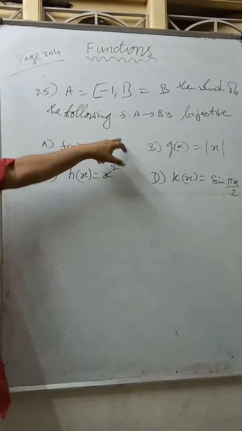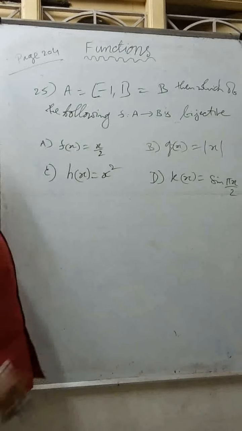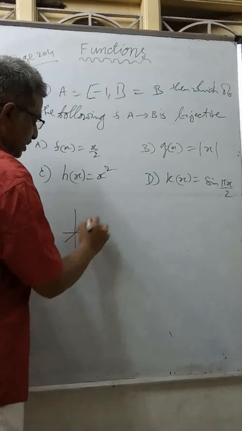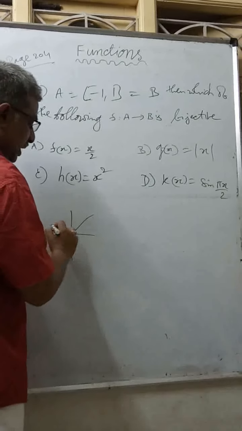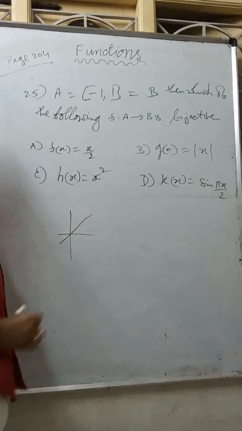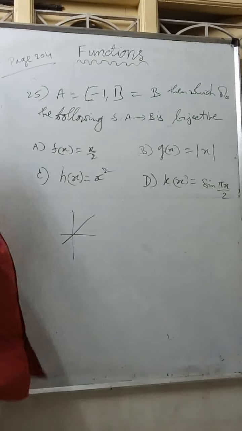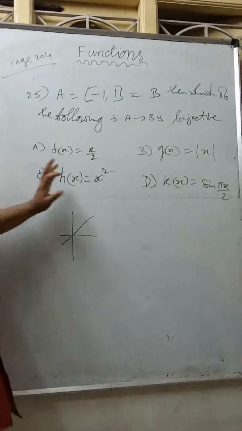If I take f of x1 equal to f of x2, I will get x1 equal to x2, no problem, one-one. If you draw the graph of this function also, you will get y equal to x by 2, like this. If I draw any line parallel to the x-axis, it cuts at only 1 point, so it is 100% one-one within the limits minus 1 to 1.